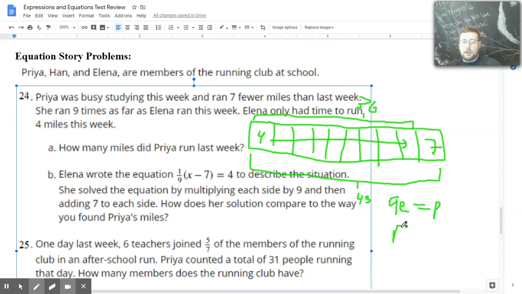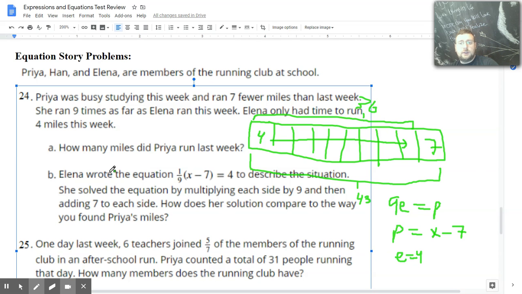But Priya this week also ran what she ran last week, which I'll call X, minus 7, right? And I also know that Elena ran 4 miles. So that means this right here, this E, is 4. So then 9 times 4, 36. And then you're back to that. So you can come up with an equation anyways if you need to. But there's a lot of ways to solve it if you think about it.